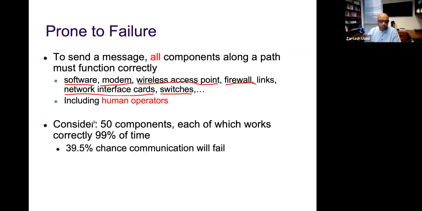Okay. Now, if you consider 50 components, each of which works correctly 99% of the time, that means if there are 50 components, links and switches between me and somebody else that I am communicating with, and each of those functions properly 99% of the time, then there is almost a 40% chance that communication will fail.